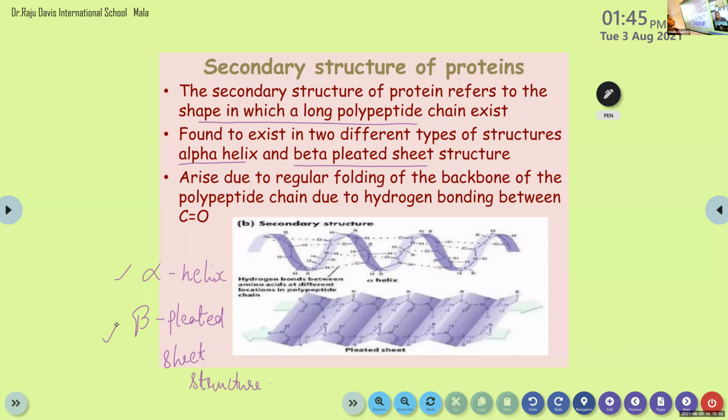The secondary structure of protein refers to the shape in which a long polypeptide chain exists. It is found to exist in two different types of structures, alpha helix and beta pleated sheet structure.